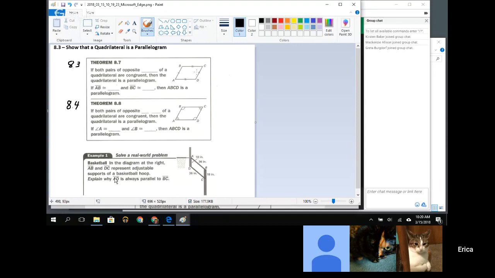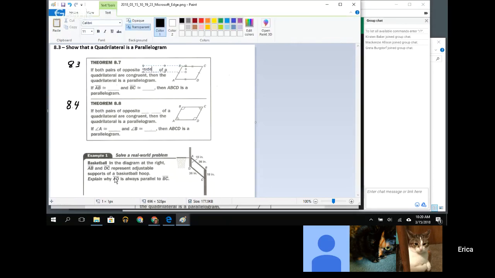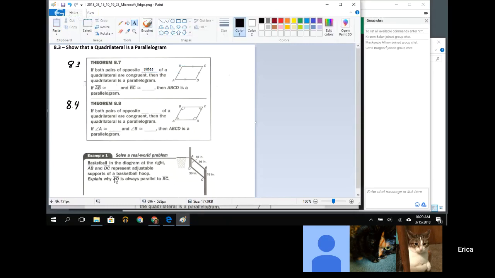Okay, so this says if both pairs of opposite sides of a quadrilateral are congruent, then the quadrilateral is a parallelogram. So if you remember in 8.3, we said if a quadrilateral is a parallelogram, then both opposite sides are congruent. So this is just the opposite theorem.